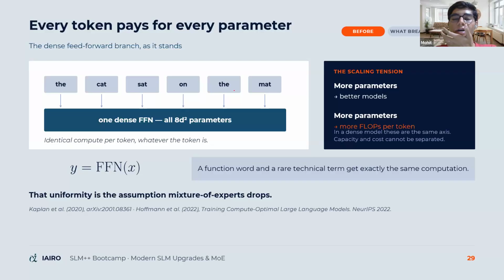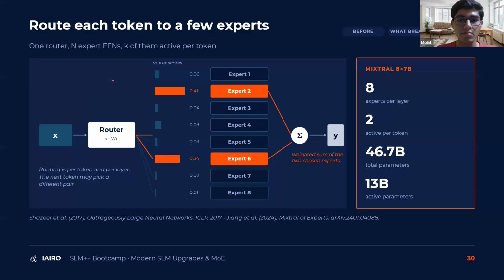I do not know the details of the grammar, but on, the majorly refers to grammar, while cat, sat, mat majorly refers to nouns. We know this is noun, this is grammar, but how do we make the machine learn it? This is how we do it: we route each and every token into certain experts, certain feed forward layers. That is, we take one feed forward network and break it into multiple chunks.